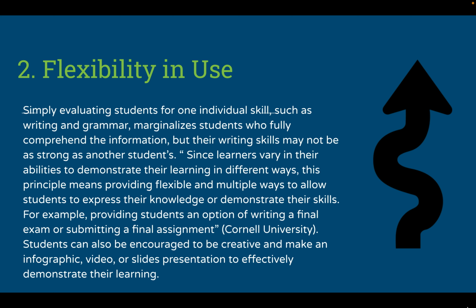Cornell University states that since learners vary in their abilities to demonstrate their learning in different ways, this principle means providing flexible and multiple ways to allow for students to express their knowledge or demonstrate their skills. For example, providing students an option of writing a final exam or submitting a final assignment. Students can also be encouraged to be creative and make an infographic, a video, or a slides presentation to effectively demonstrate their learning.